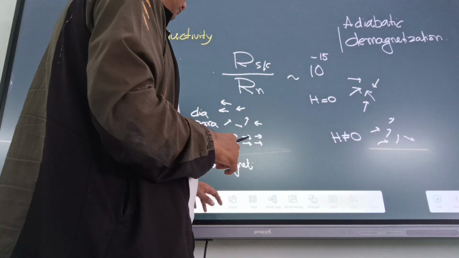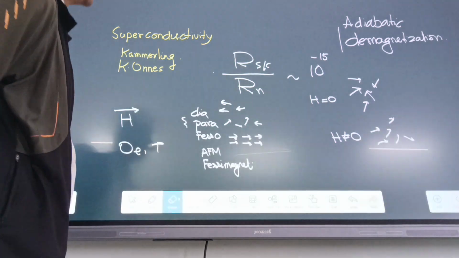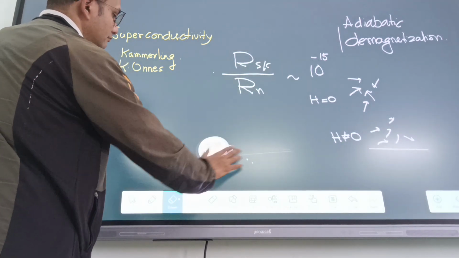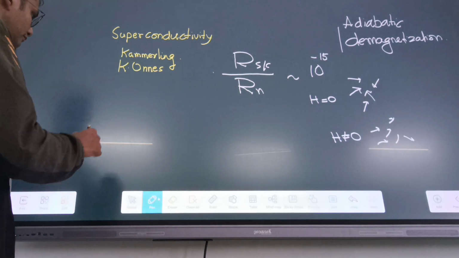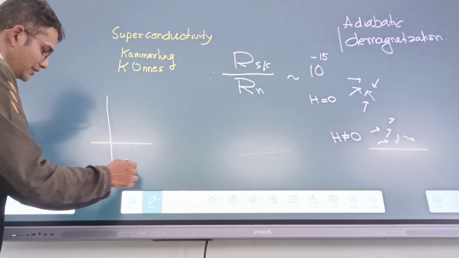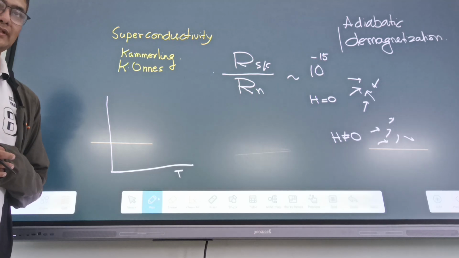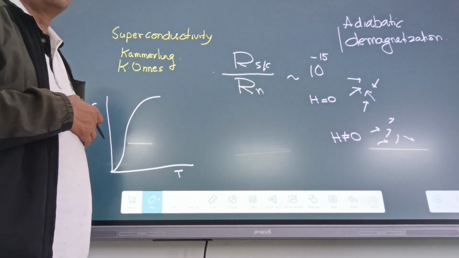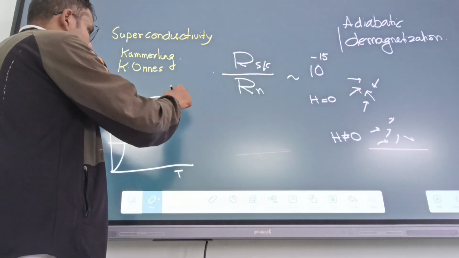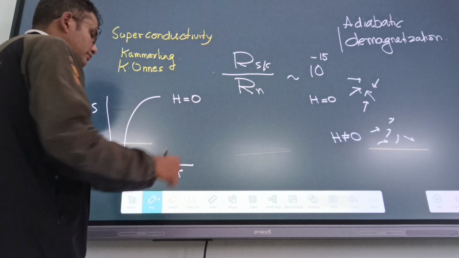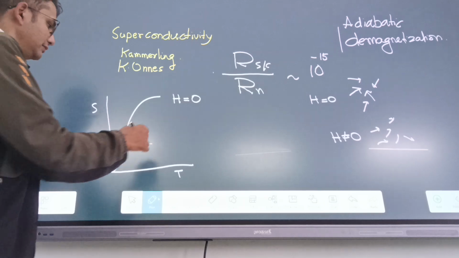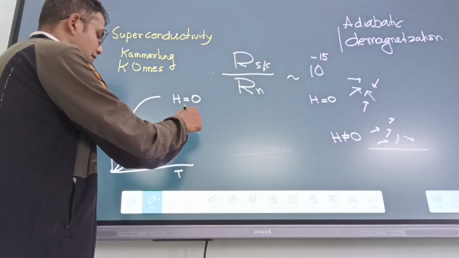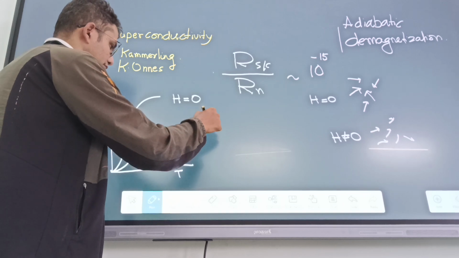So if you plot entropy versus temperature, entropy versus temperature, the first case is when the magnetic field was 0. In the second case, the magnetic field H was not equal to 0.